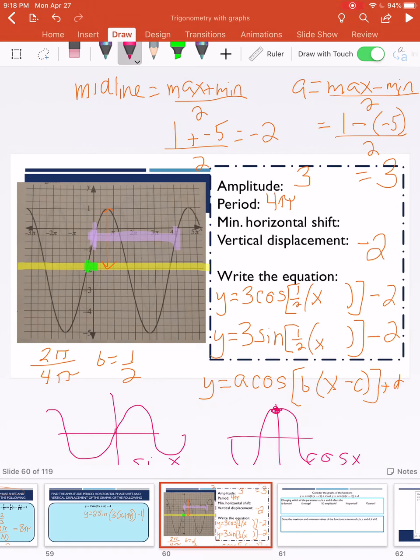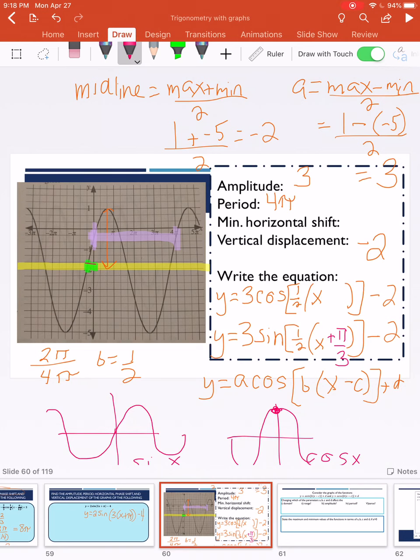So I need to move pi over 3 units to the left. So I'm going to go plus pi over 3. Sorry, I was looking at my cosine graph instead of the sine one. So I have pi over 3 units to the left. You can see we just moved to the left, right? So we start at the y-axis and move to the left to get to that graph.